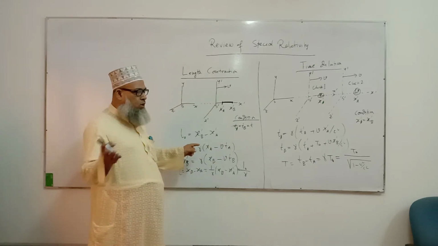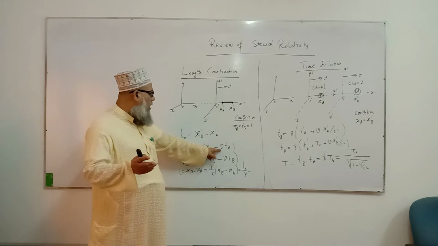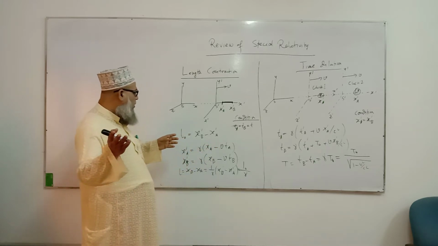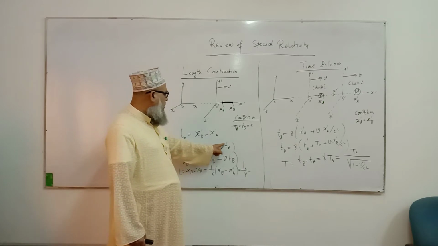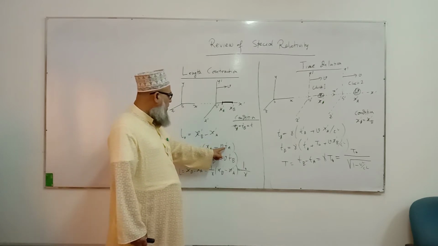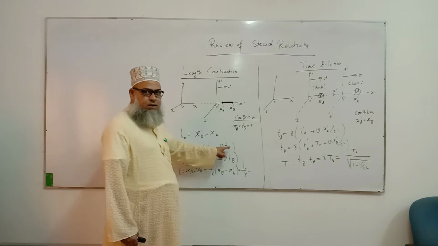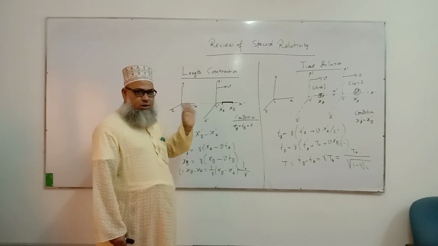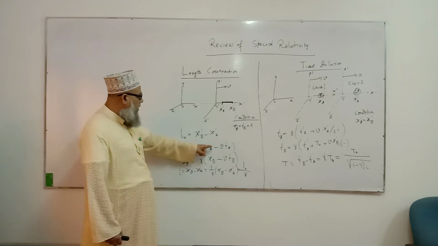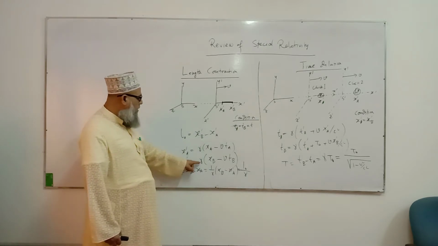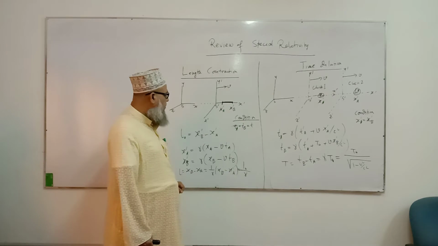Actually, in the last class we used beta here, so it is not a problem. So this is x prime A, and this is x prime B, gamma times (xB minus vtB).